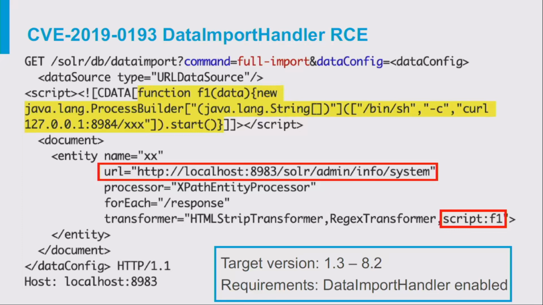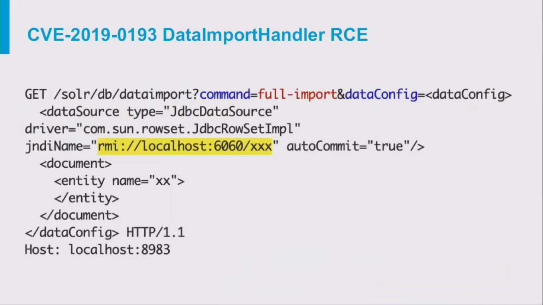When I reported this vulnerability, apparently the developers didn't even realize that we can include this script in the GET query instead of just taking it from the local config. And there is one more vulnerability in the same data import handler, connected to a deserialization issue in how this XML is deserialized.